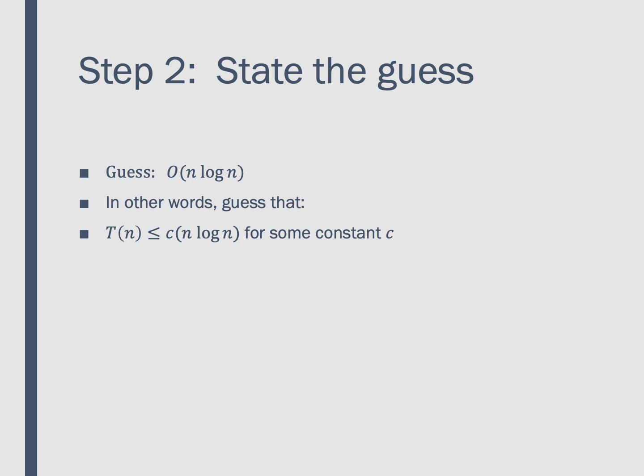This means we believe the growth rate of Tn is at most proportional to n log n for large n. In other words, we are guessing Tn less than or equal to c dot n log n, for some constant c. This inequality will allow us to prove the bound rigorously in the next step.